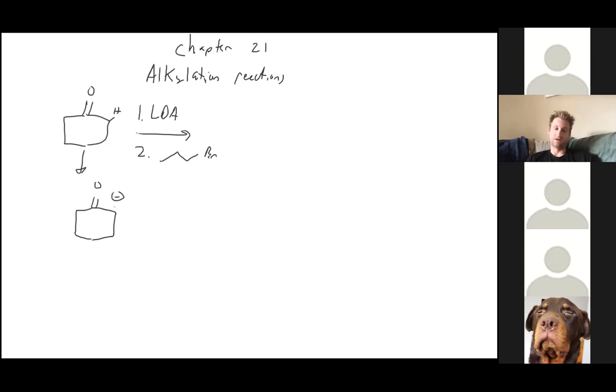And then from here, we can do an alkylation where we attack the carbon attached to bromine, do an SN2-like reaction to get a carbon addition.